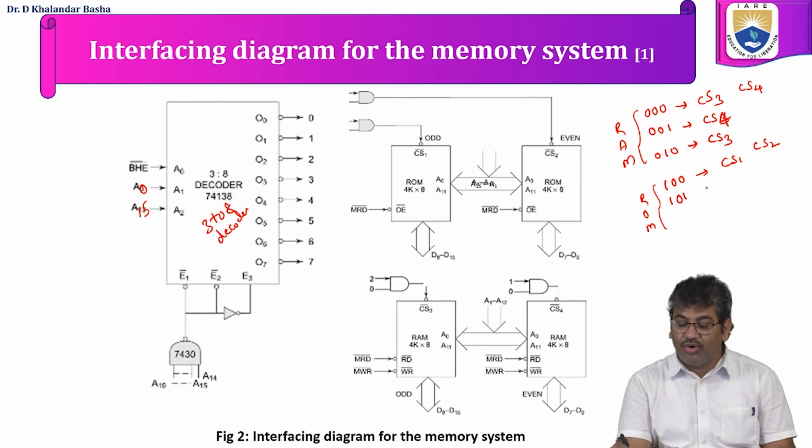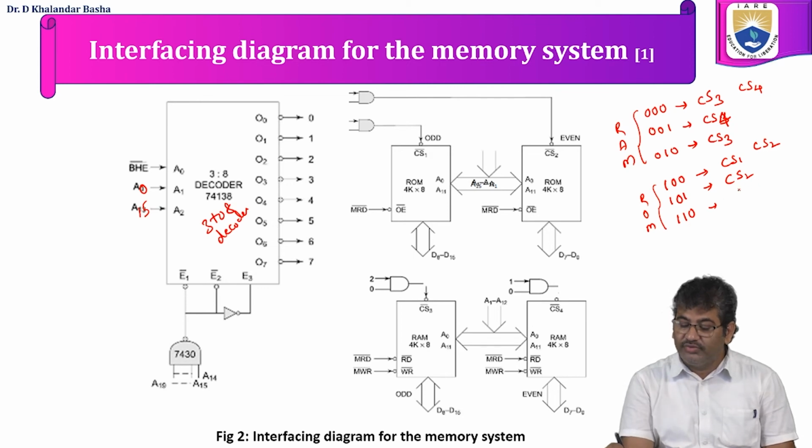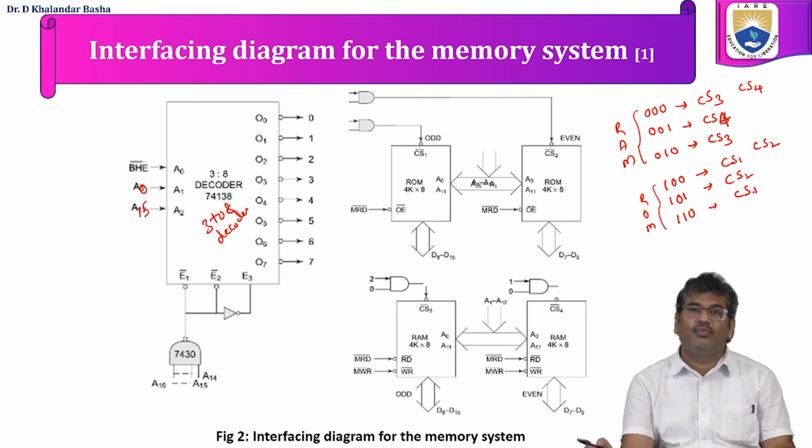For 101, which is an 8-bit data transfer, the memory block which we are going to enable here is the even address, which is nothing but chip select 2. For 110, for this combination, we are going to take an 8-bit data transfer from the odd address, which is nothing but chip select 1.